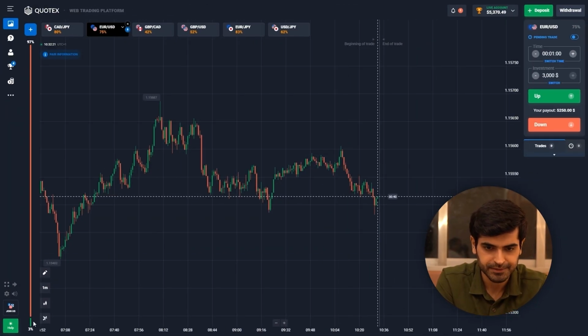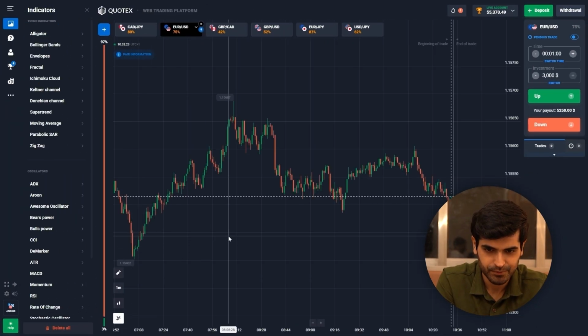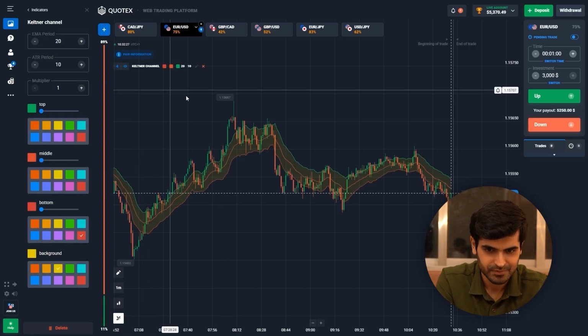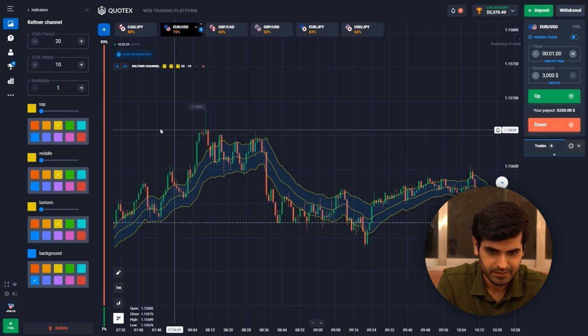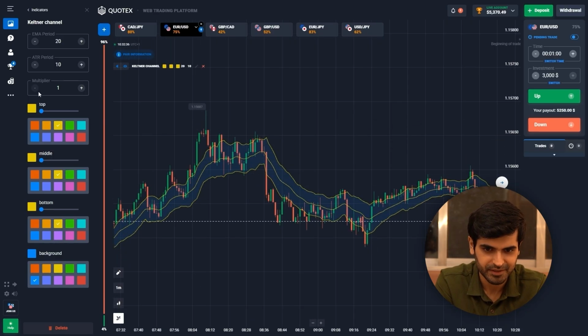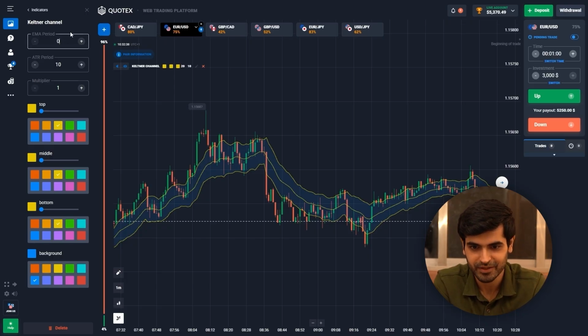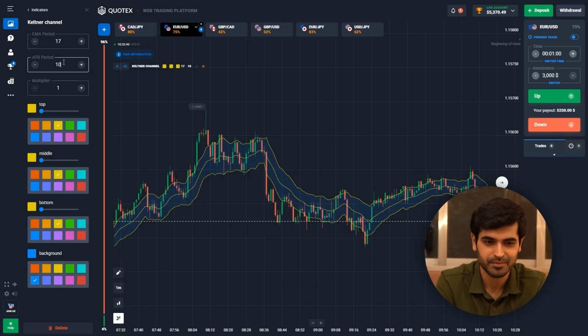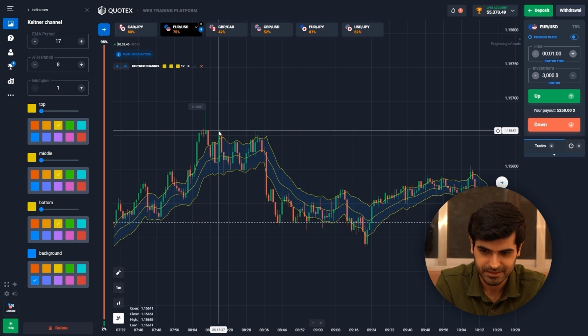Okay, clean chart. Heading straight to indicators. Add Keltner Channel. Customize the colors as you like or leave them default. Set EMA period to 17, ATR period to 8. Leave the last parameter as it is.